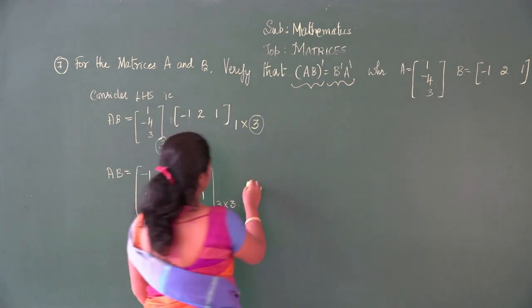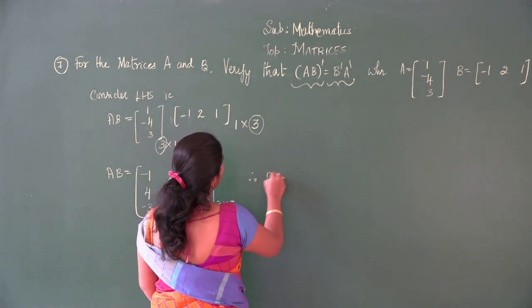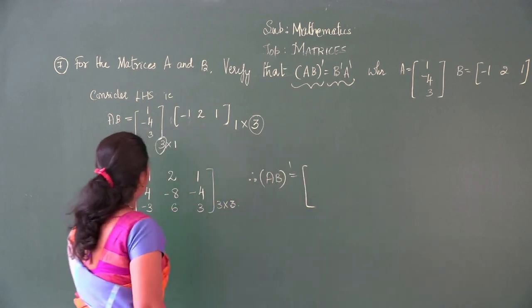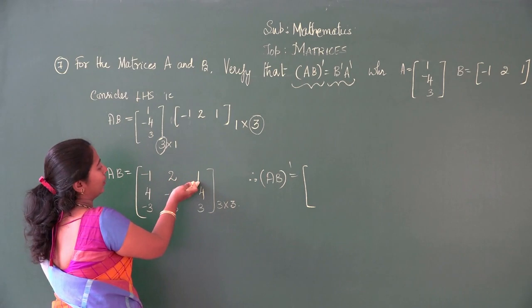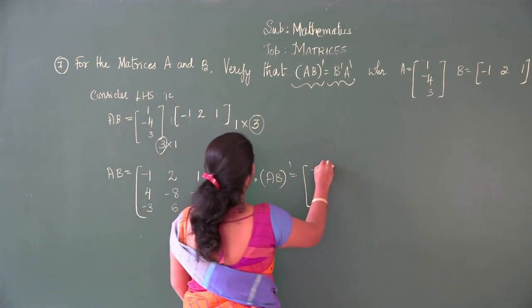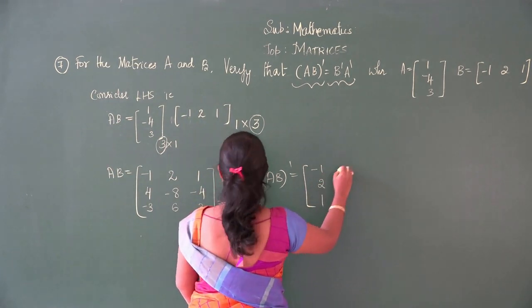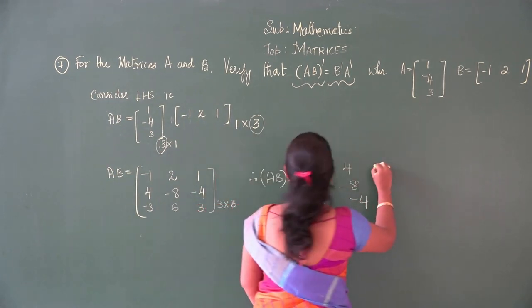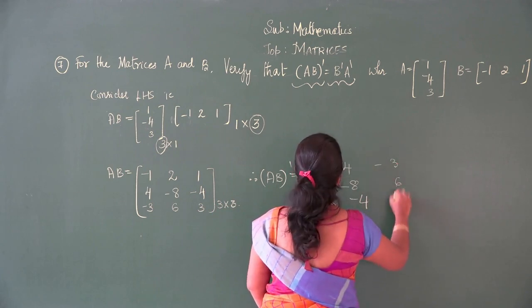AB, the whole transpose. Therefore, what is (AB) whole transpose written as? Rows are changed into columns. Minus 1, 2, 1, which is in the first row, becomes the first column, and it can be written as minus 1, 2, 1, 4, minus 8, minus 4, minus 3, 6 and 3.